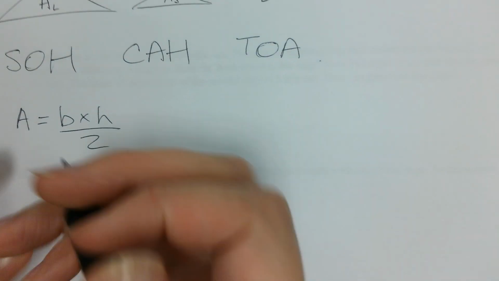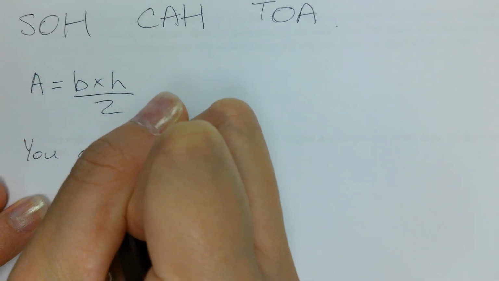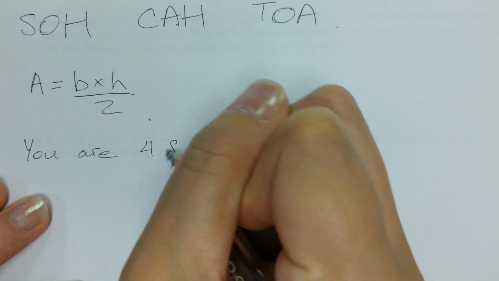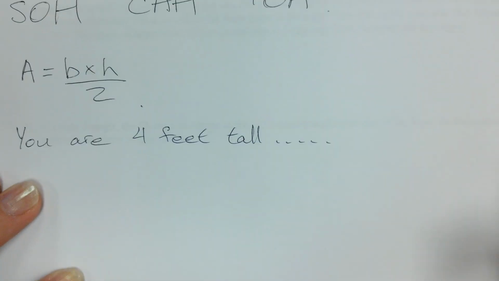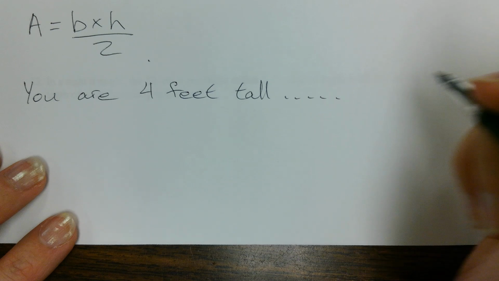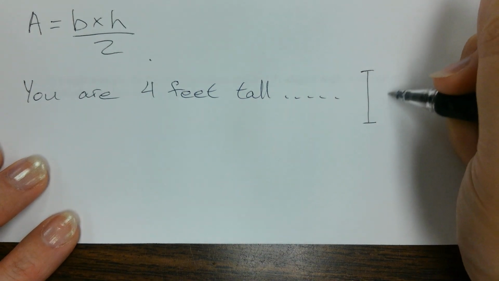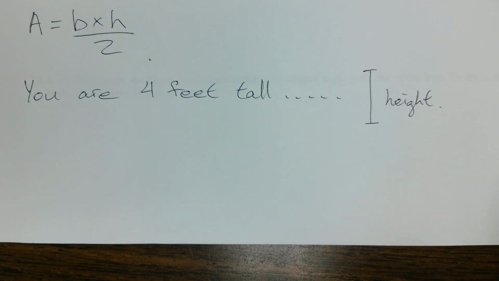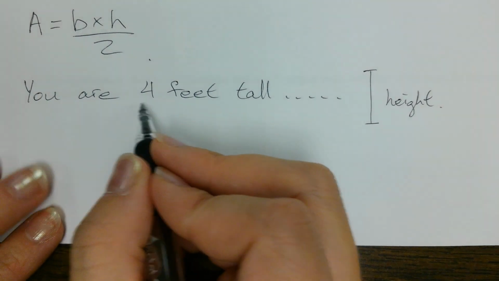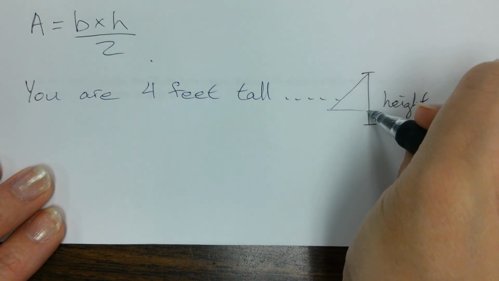Oh yeah, those questions where it says you are 4 feet tall and those kind of questions. Make sure you consider that when you're doing the whole vertical height, whether you have to add to it or subtract from it, because whenever you see these kind of questions, your right triangle would be something like in midair.